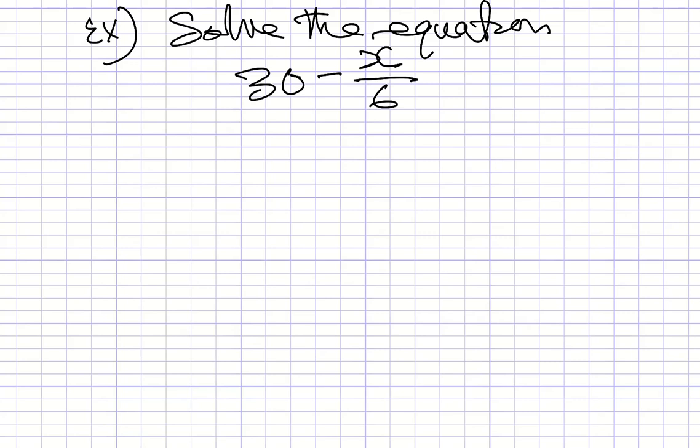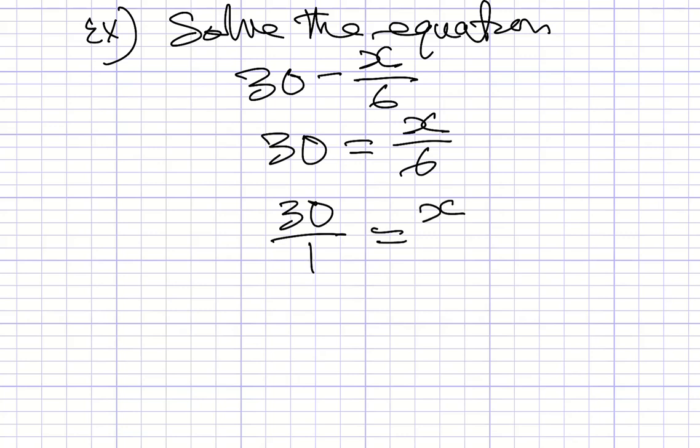You can write it like this. 30 is equals to, move it over, x over 6. See, that's why it's an equation. But another way to do it is you can write it like this. 30 over 1 is equals to x over 6.